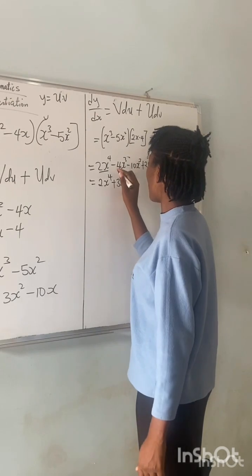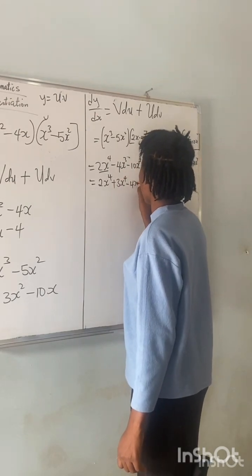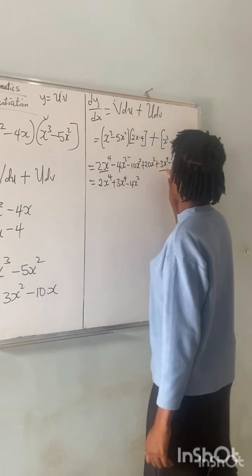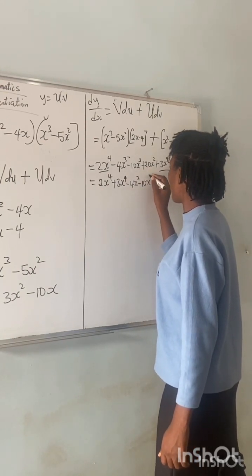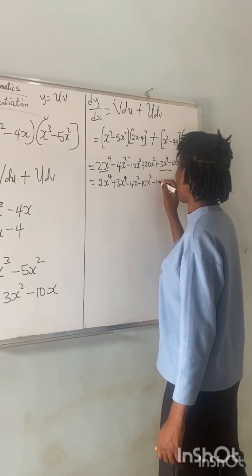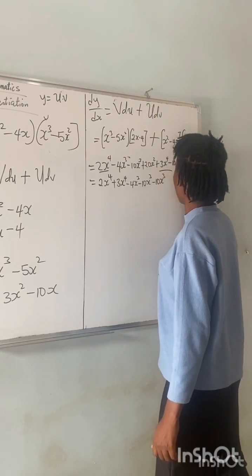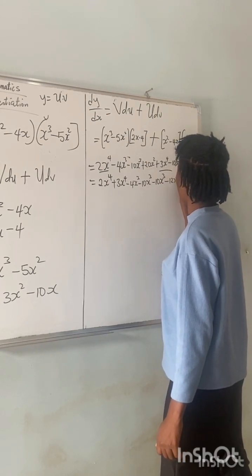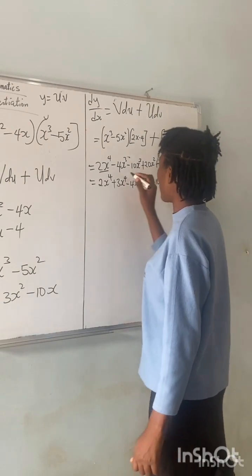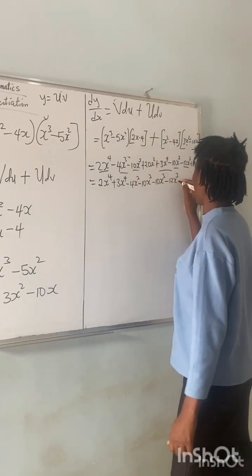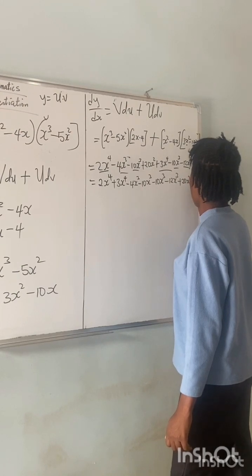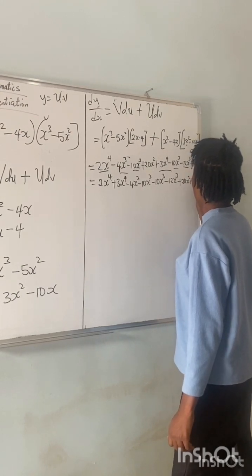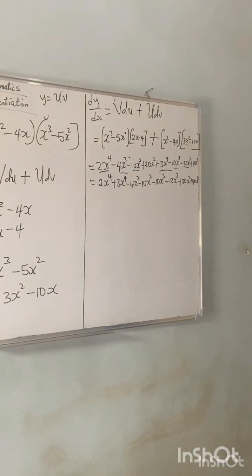We have minus 4x raised to power 3, and then we have minus 10x raised to power 3, minus 10x raised to power 3, and minus 12x to power 3. All right, and then lastly we have plus 20x squared plus 40x squared. So we have successfully collected like terms.